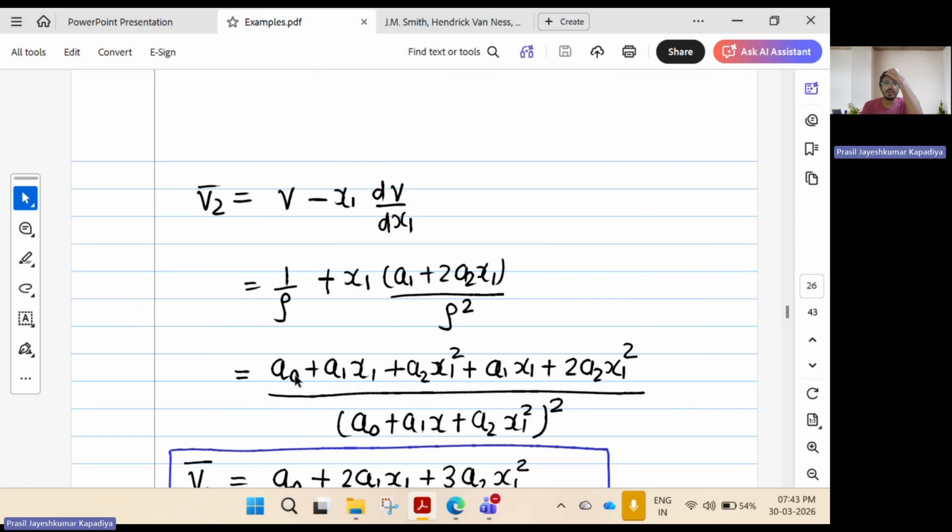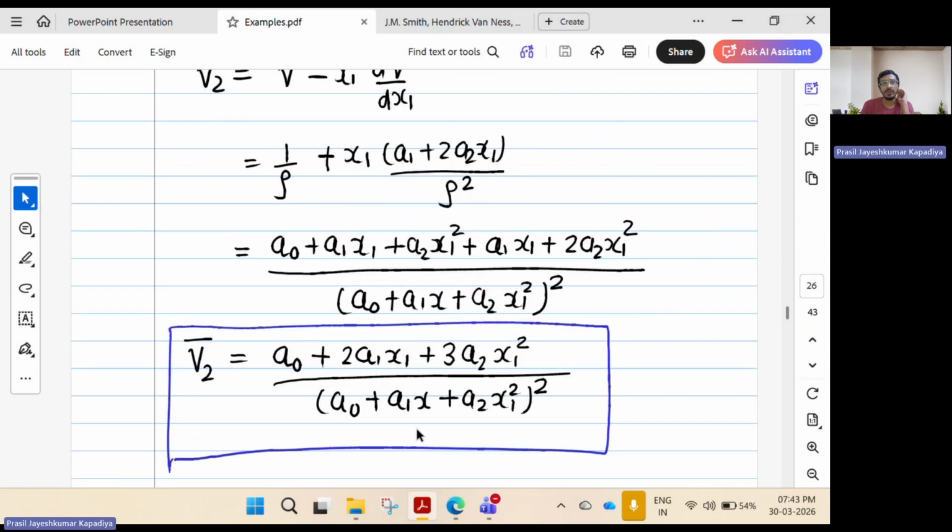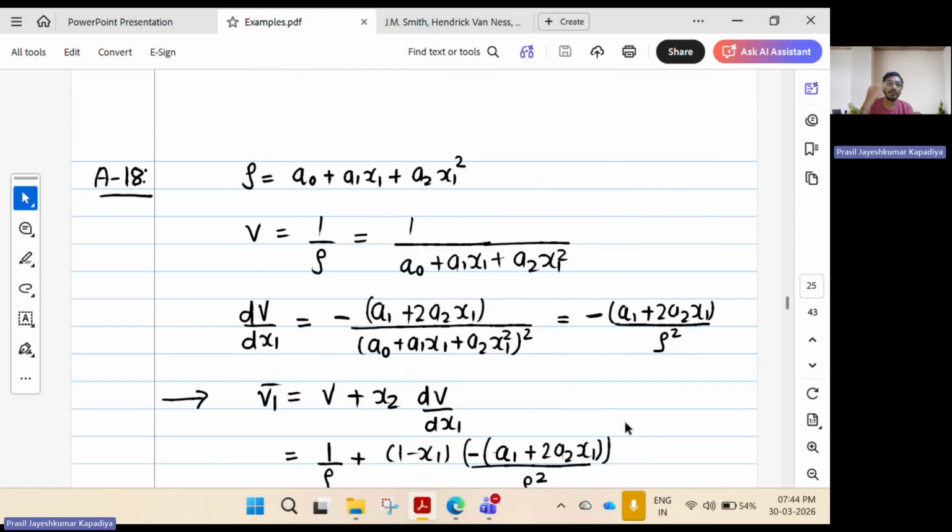So a0 plus a1 x1 plus a2 x1 square plus a1 x1 plus 2a2 x1 square, divided by rho square. So V2 bar will be a0, then a1 x1 and a1 x1 giving 2a1 x1, and a2 x1 square and 2a2 x1 square giving 3a2 x1 square, divided by a0 plus a1 x1 plus a2 x1 square whole square. So this is how we can find partial molar volumes.